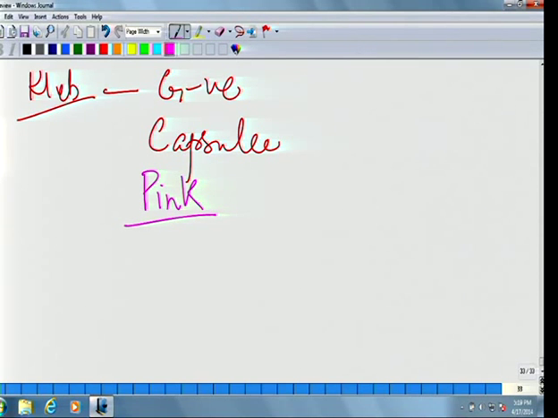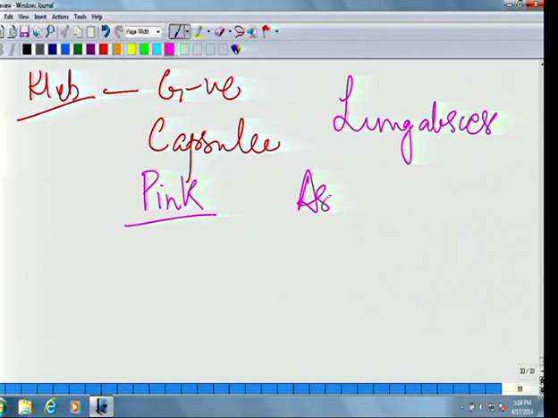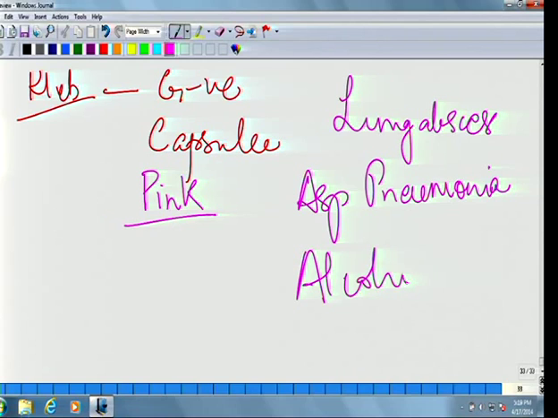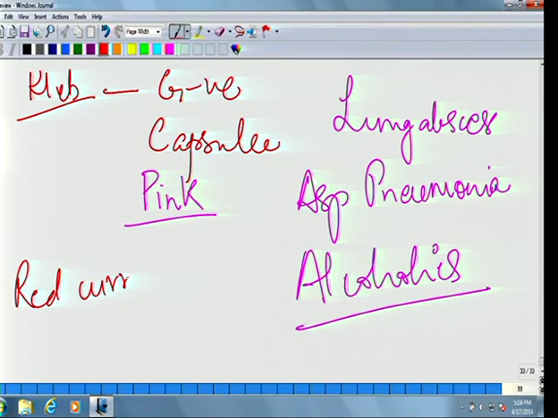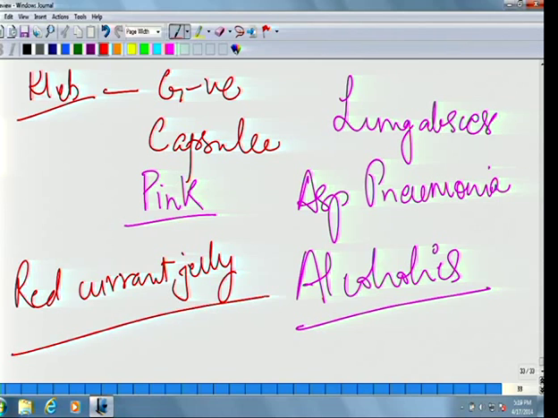Klebsiella: lung abscess, aspiration pneumonia, mostly in alcoholics. What is typical of the sputum? Red currant jelly sputum. Okay, so that's about Klebsiella.